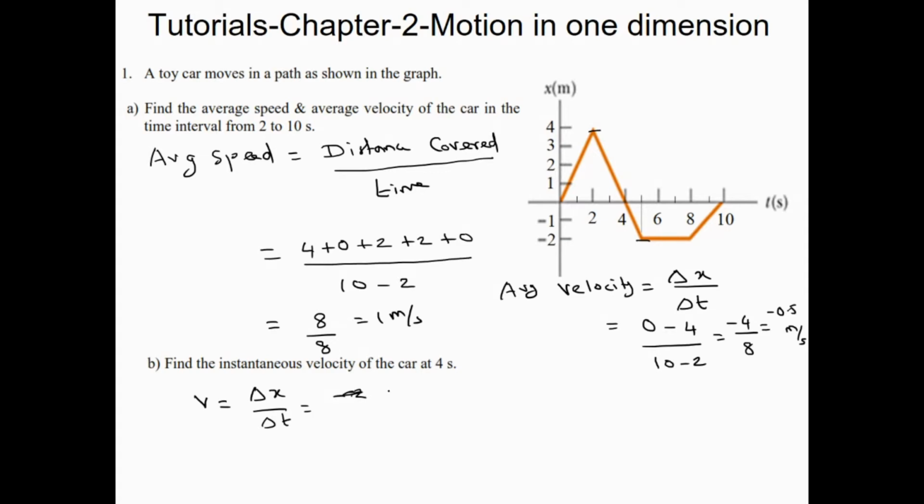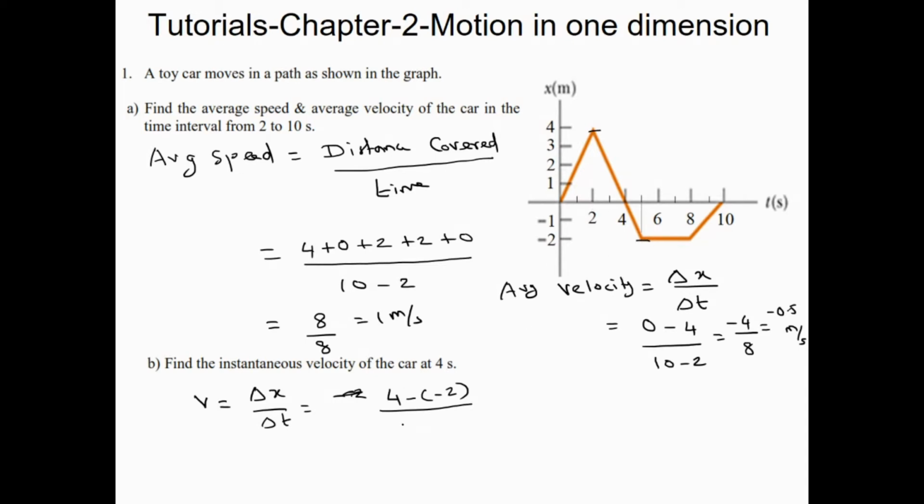So the value here is 4 minus minus 2, clear, divided by the time value; this is your y2 value and this is your x2 value.